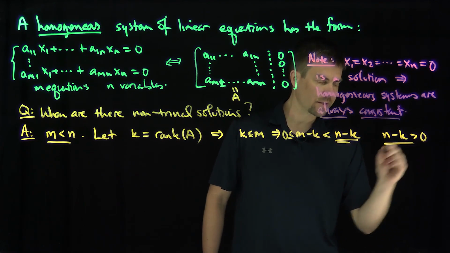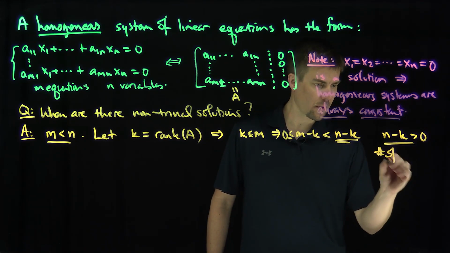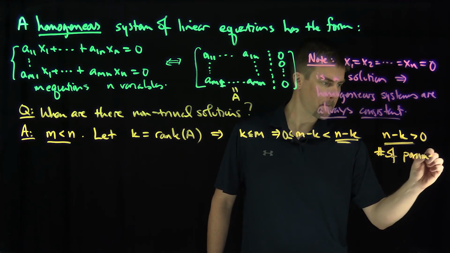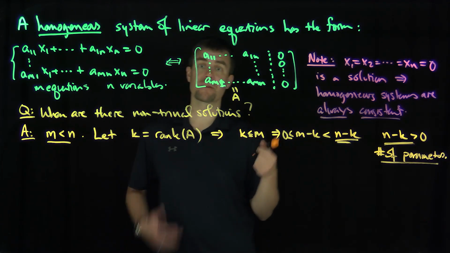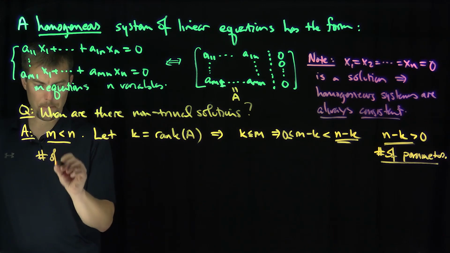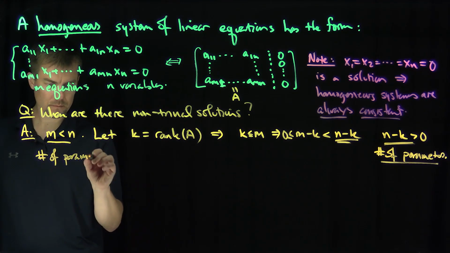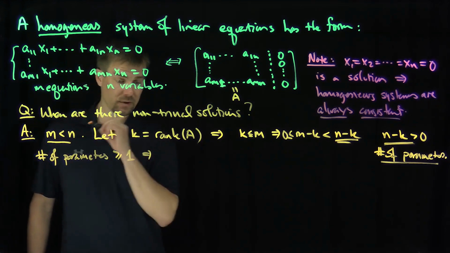And n minus k is the number of parameters. So the number of parameters in my system is greater than or equal to 1, which means there are non-trivial solutions.